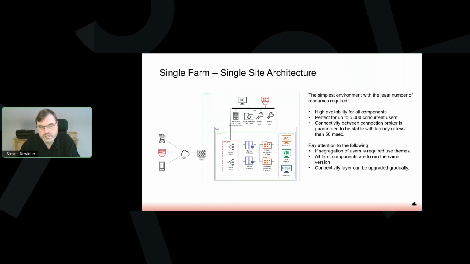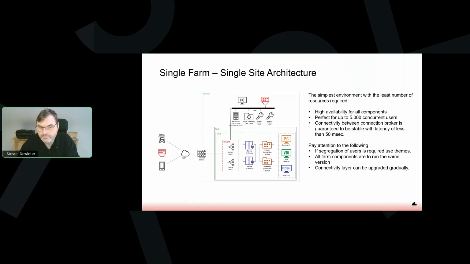We're going to discuss more advanced architectures later on, but in a single site, single farm setup, it is perfectly possible to have all the components highly available. For example, you can very easily deploy a secondary connection broker. Whenever your primary connection broker needs to be rebooted or is down or broken, the secondary connection broker can take over.